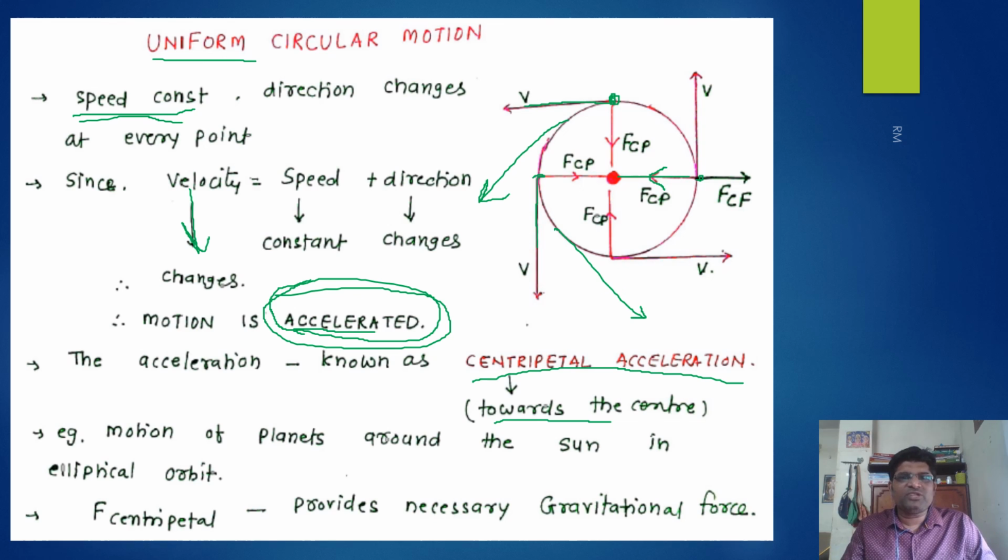In uniform circular motion, when the object is here, you can see I have shown a force towards the center, which is responsible for holding all these planets in their orbits. The force which holds the planets in their circular orbit around the sun is known as the centripetal force. Which force is it? The centripetal force.